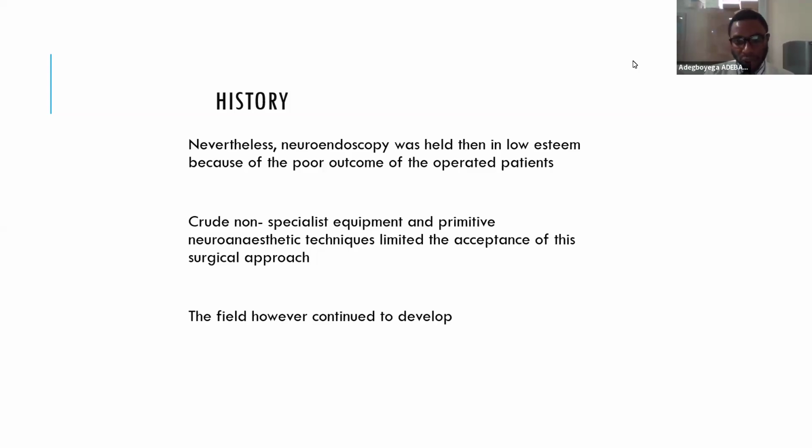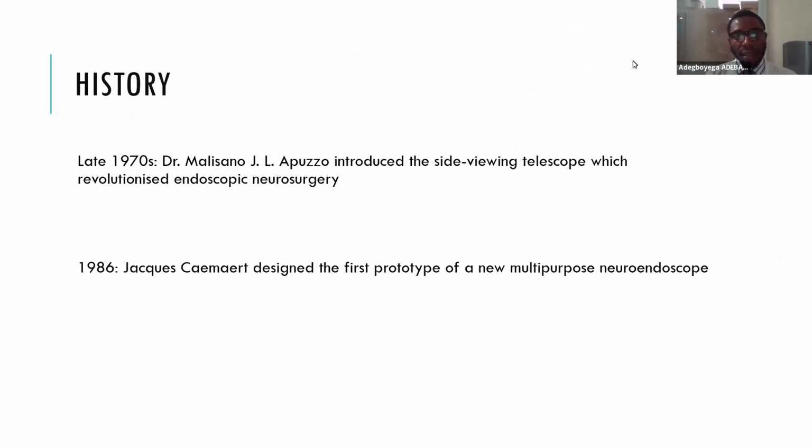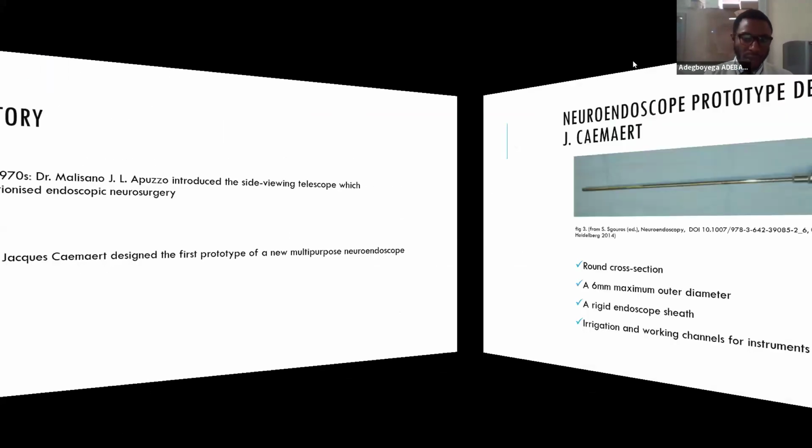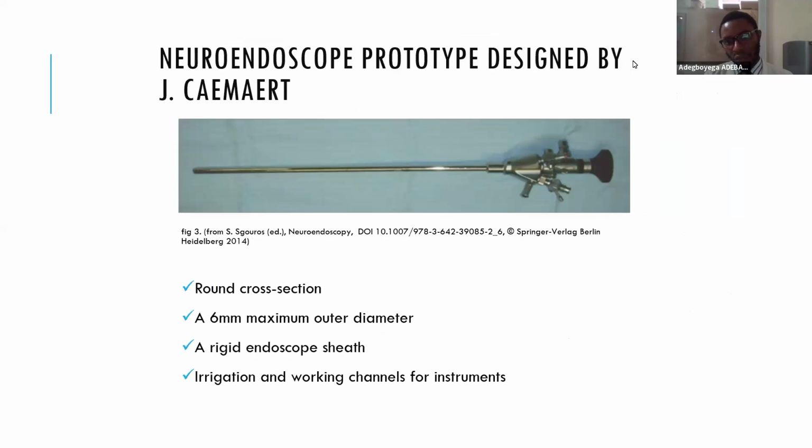The field, however, continued to advance, and in the late 1970s, Dr. Apuzzo introduced the side viewing telescope, which marked a major forward step in endoscope design. In 1986, Jacques Semet designed the first prototype of a new multi-purpose endoscope. This is a picture of the endoscope he designed.